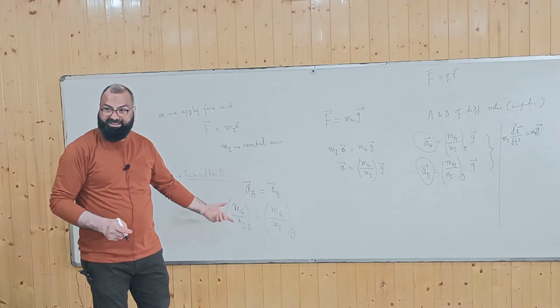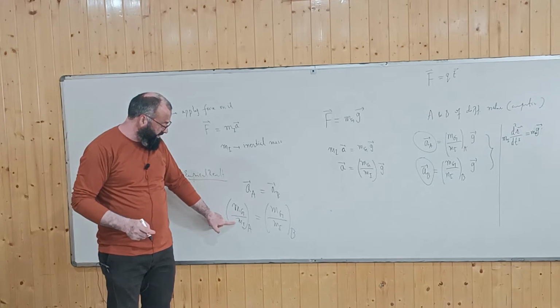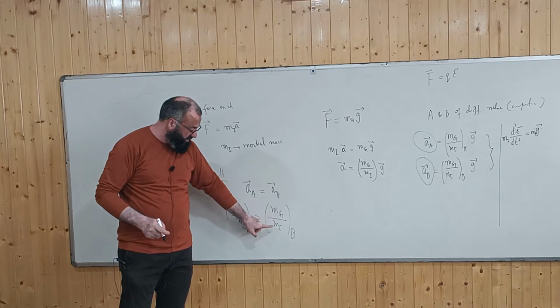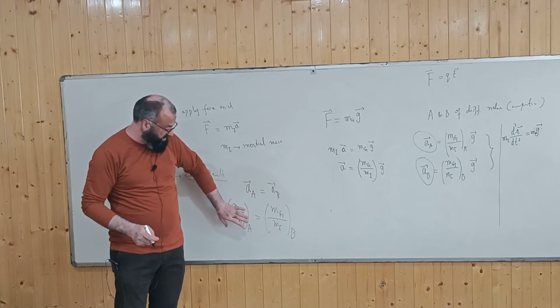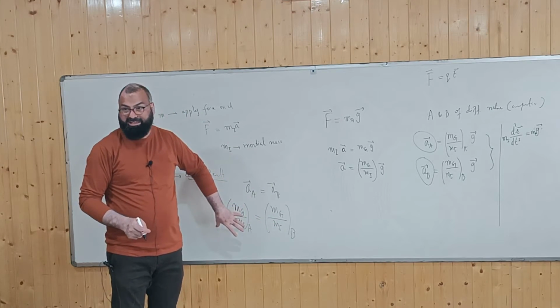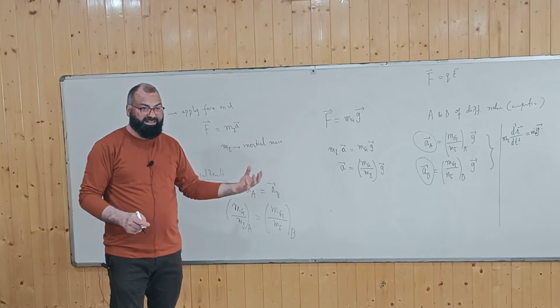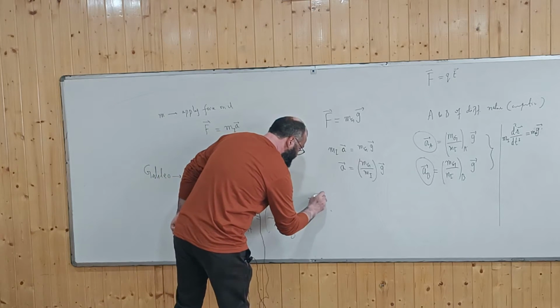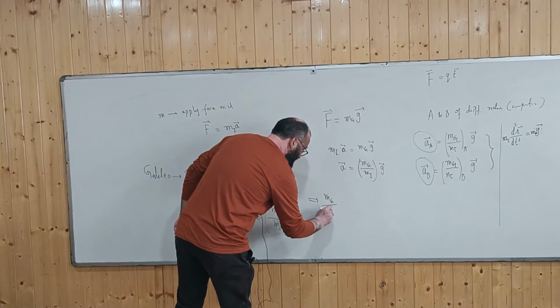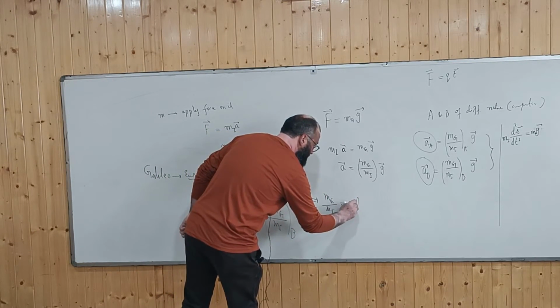Look here, you have mg by mi for an object A, it is the same as for the other object. So this ratio must be a constant. It is only then possible that it is the same for both the objects. So it gives me this mg by mi is equal to constant.